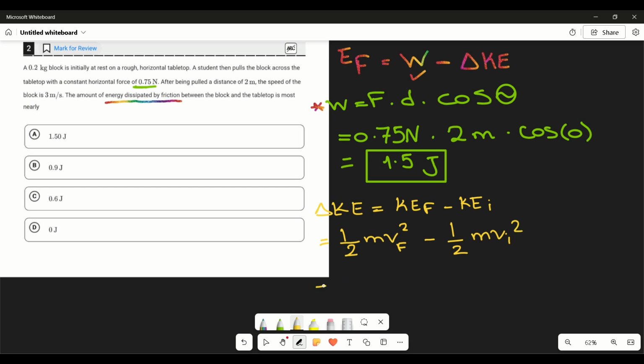Let's apply the numbers right now. The mass is the same, 0.2 kilograms. What is the final velocity? After pulling the distance of 2 meters, the speed of the block is 3 meters per second. So the final velocity will be 3 meters per second.